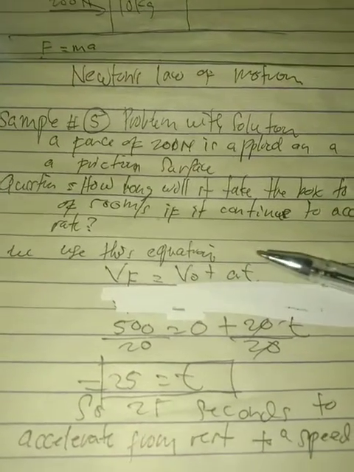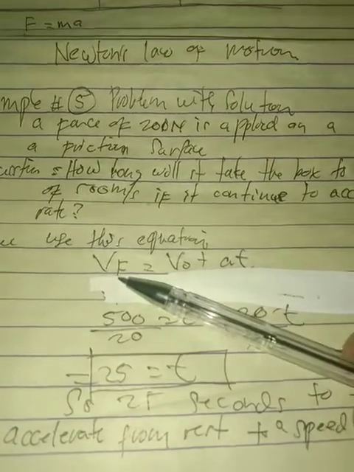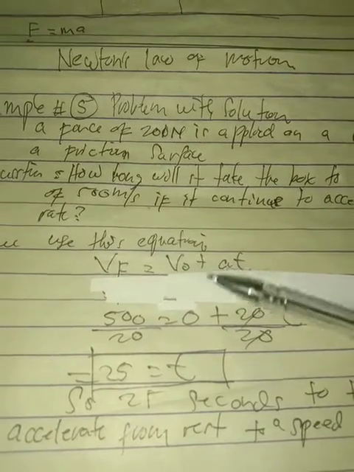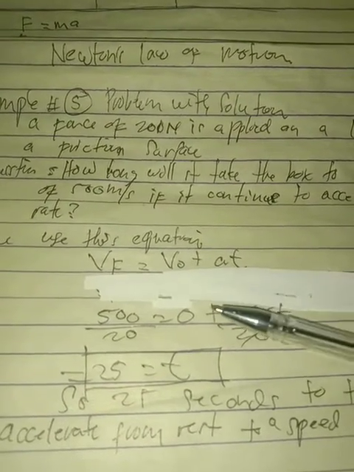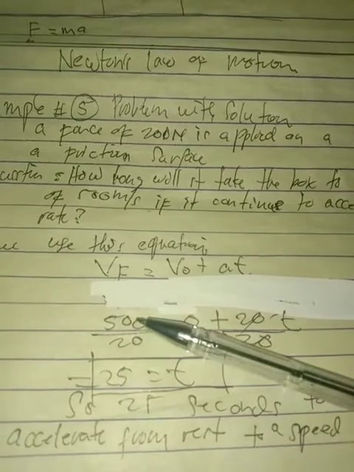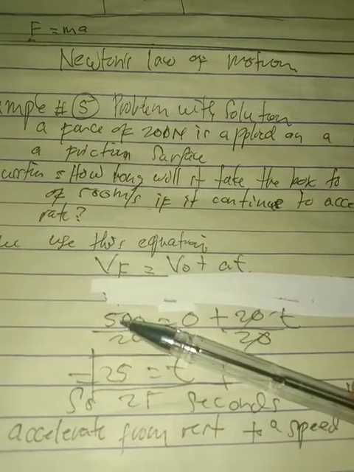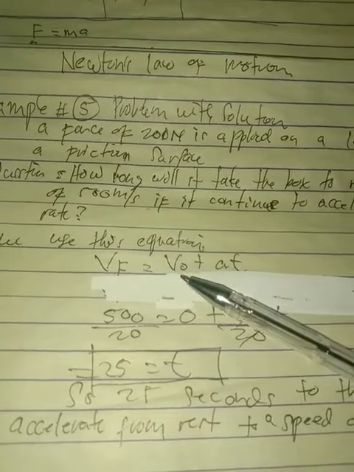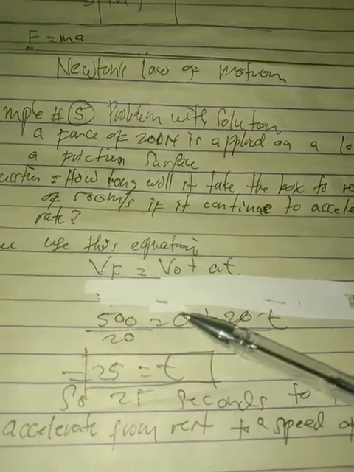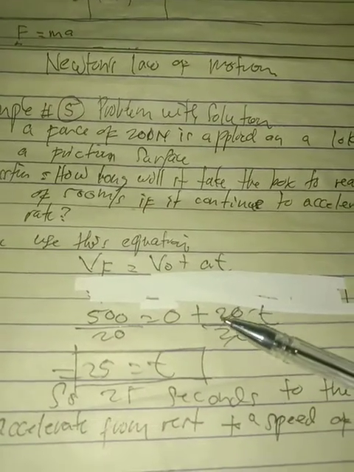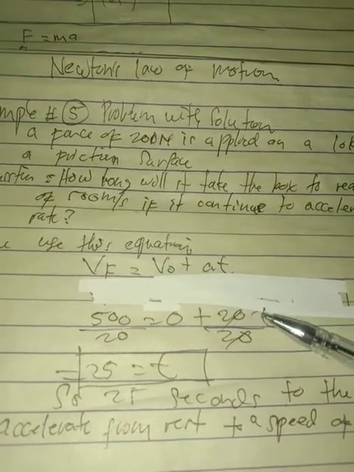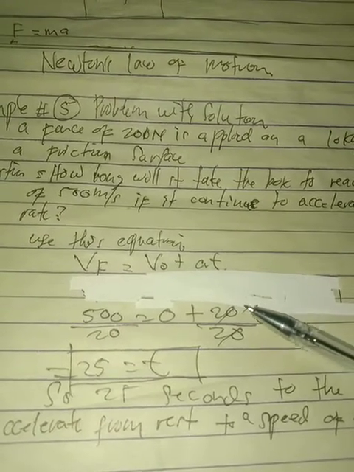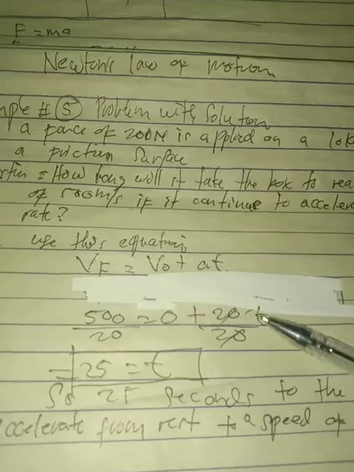We use this equation, Vf equals V0 plus at. We write down our Vf, 500, equals 0 plus 20, our acceleration, times t. We find the value of t.